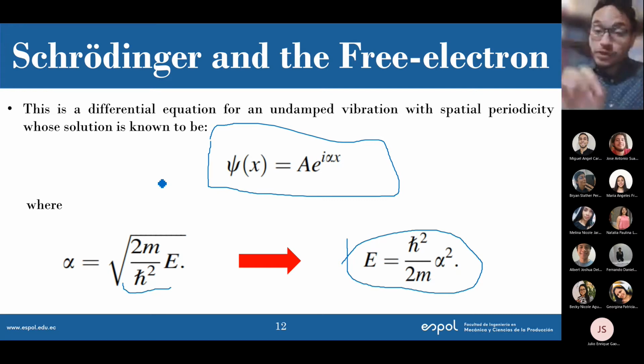And this is the total energy of a system where I have free electrons, electrons moving with no barrier.